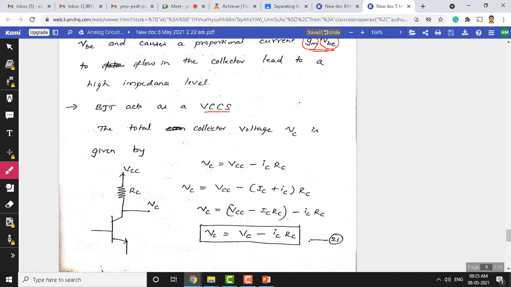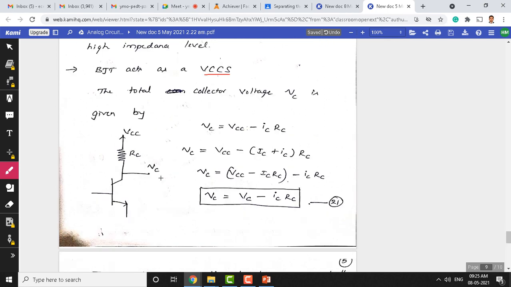Okay, now let us define the expression for the voltage gain here. The total collector voltage VC, look here, this is a part of the amplifier circuit I have written here. This is the voltage at the collector measured with reference to ground, denoted as VC. What is the expression for this?